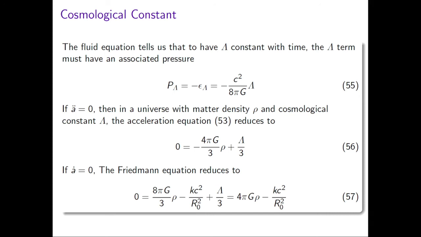So the energy density of the cosmological constant is increasing with time relative to the matter energy density. So what it means is the repulsive force is increasing second by second as time progresses.